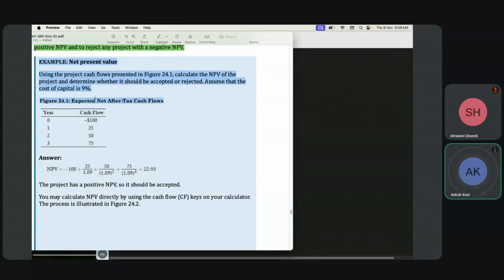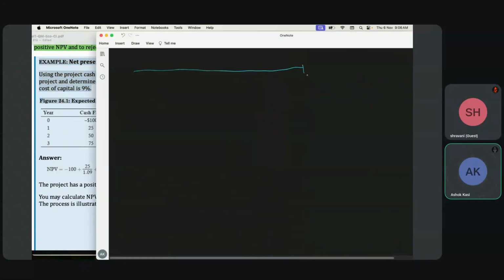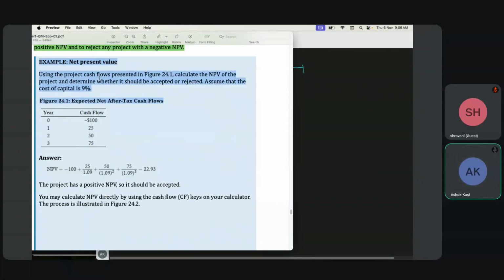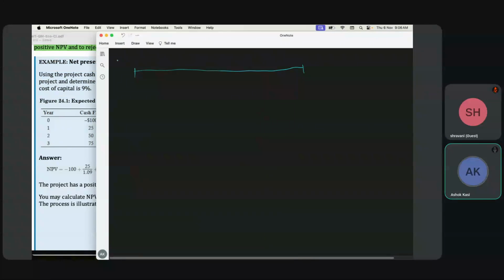So now this is your project where these are the cash flows. In this project, think as if you have got permission to do cafeteria business in your college for a 3 years contract.